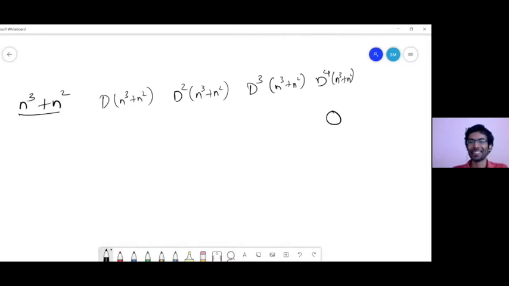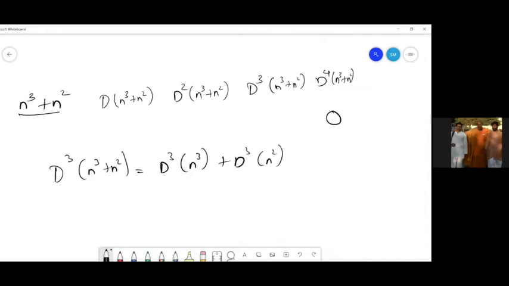Exactly. So, for example, to find d cube of n cube plus n square, can I write it as d cube of n cube plus d cube of n square? Yes. We saw it.